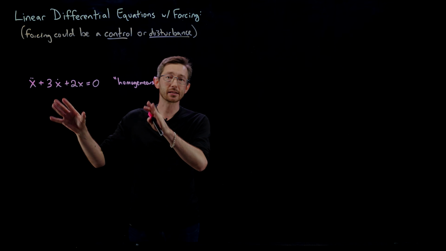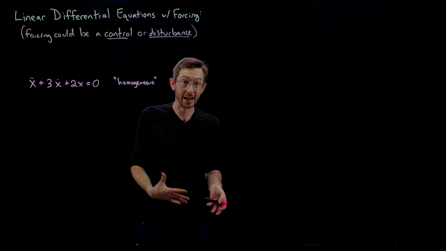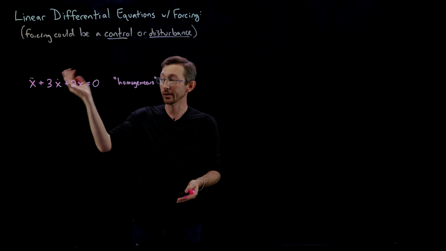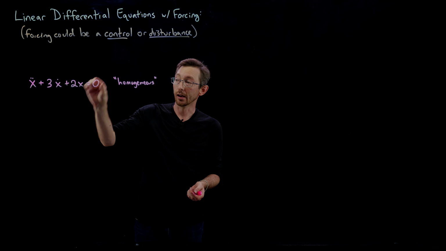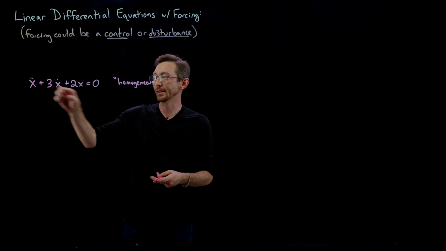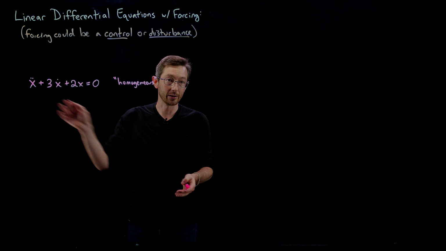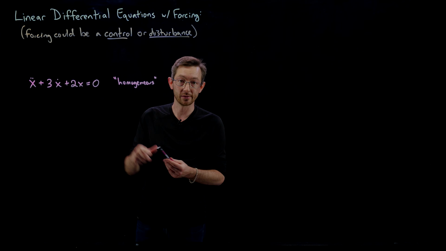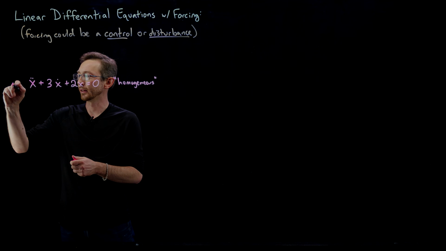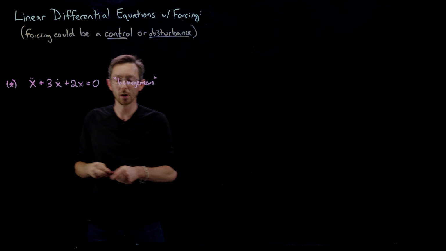And these are the kinds of systems we have been solving up until now, simple linear differential equations with no forcing. So you could write this as a matrix system and solve that, or you could solve this using the characteristic equation. We know lots and lots of ways of solving this. So I'll put that, there's an asterisk, that's equation 1.